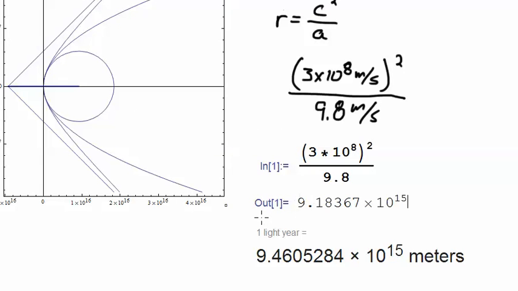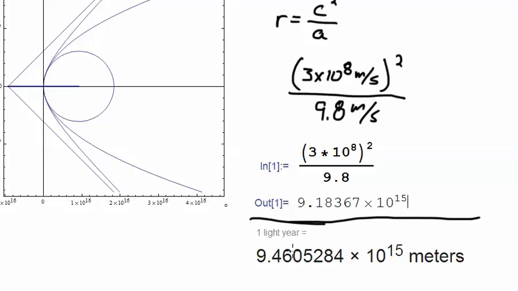Now, for comparison, I looked up how far is 1 light year in Google, and this is just a little bit less than 1 light year.